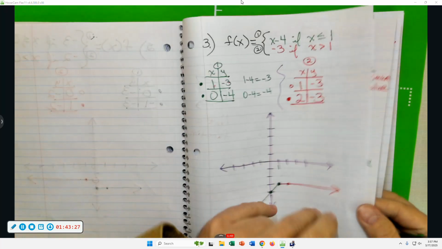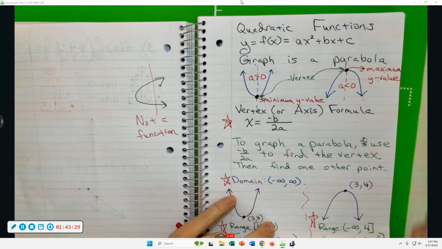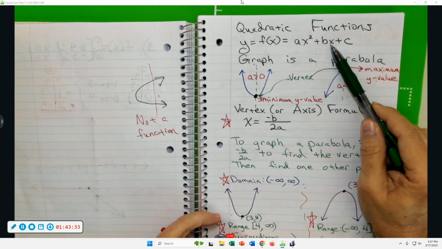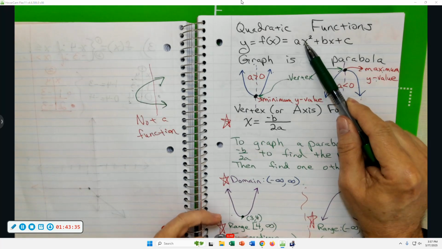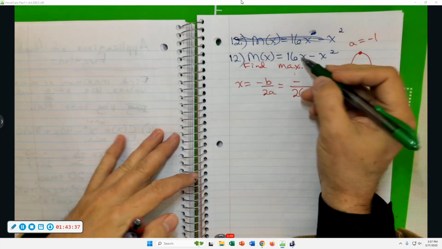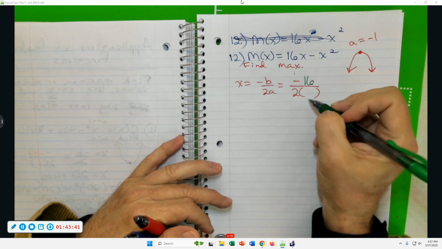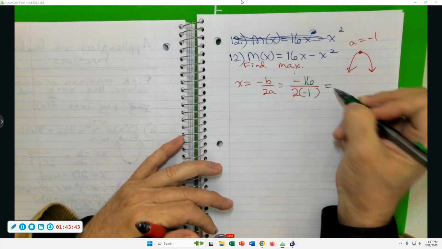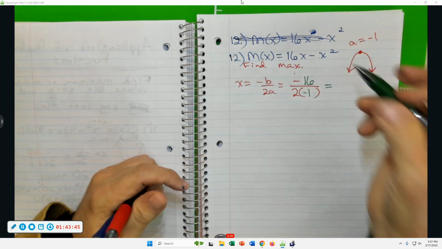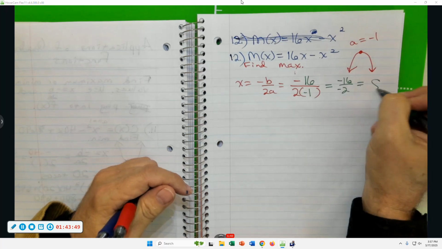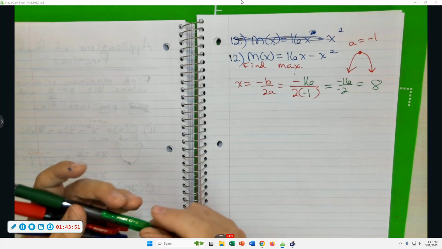It doesn't matter which one's written first. By our definition of quadratic, b is the number in front of x, a is the number in front of x squared. So b is 16 and a is -1. -16 divided by -2 is going to give us a +8.